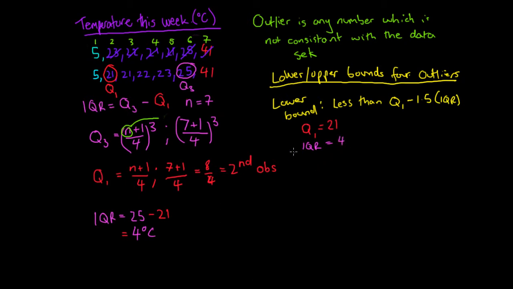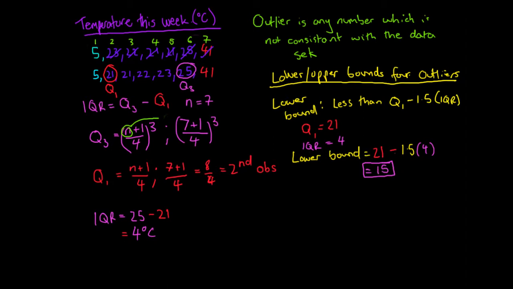So our lower bound will be equal to our first quartile, which is 21, minus 1.5 times by our IQR. So our IQR was 4. If we solve that out, we get 21 minus 6, which is just equal to 15. So we have a lower bound of 15, which means any number less than 15 would be classified as an outlier.